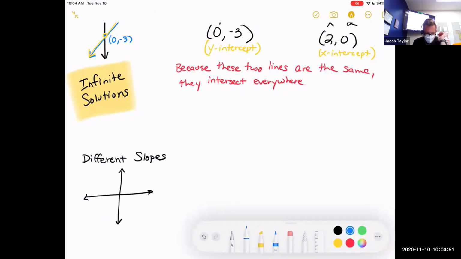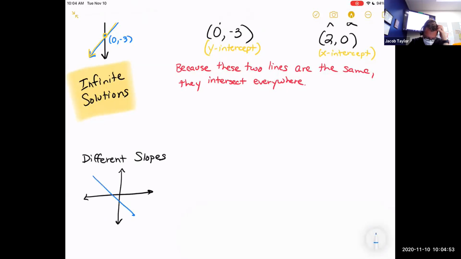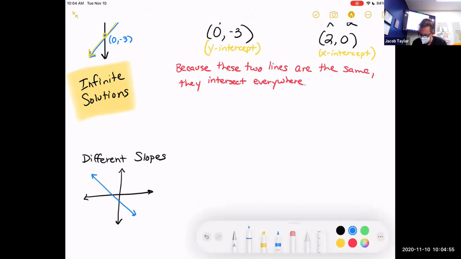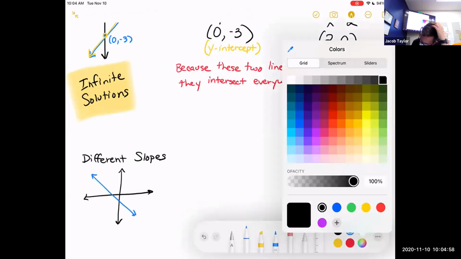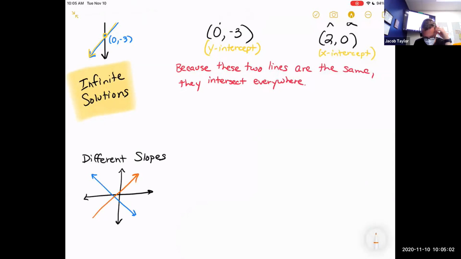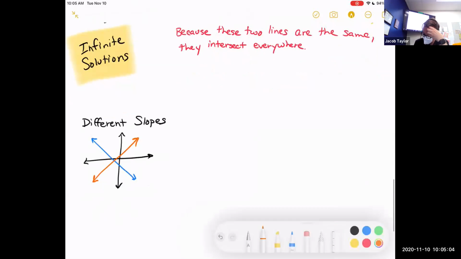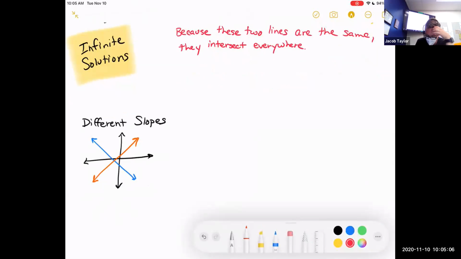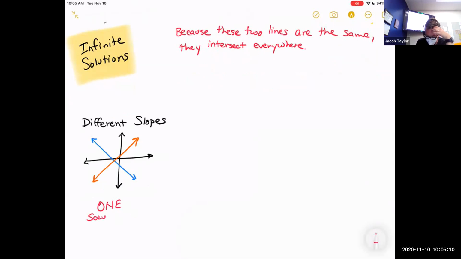You'll have one line going one way, and you'll have another line going another way. And these lines have one solution. That's if they have different slopes. You have one solution.